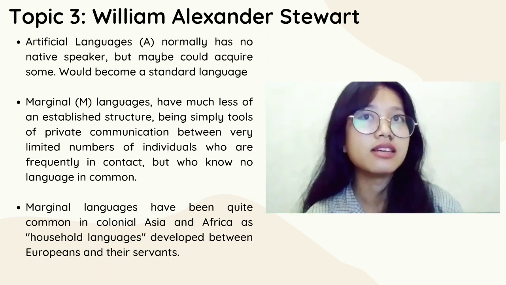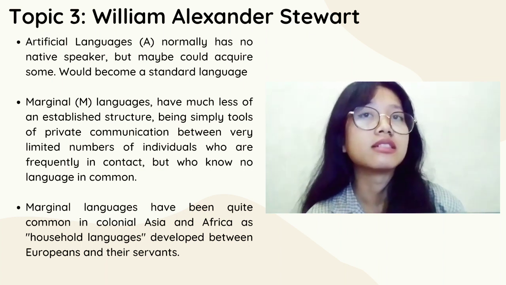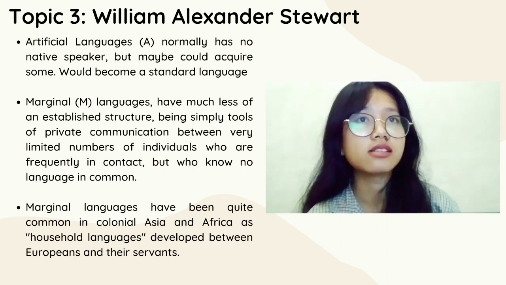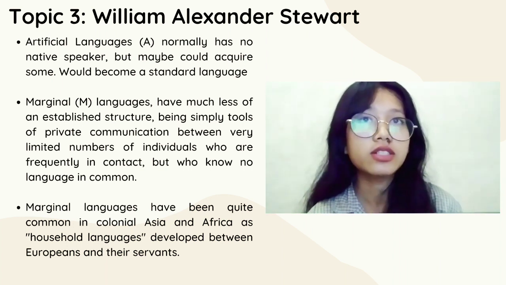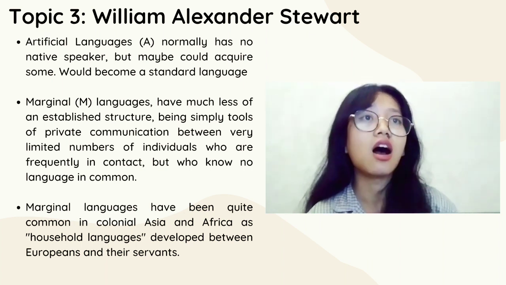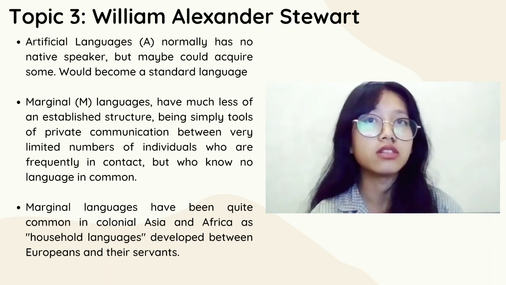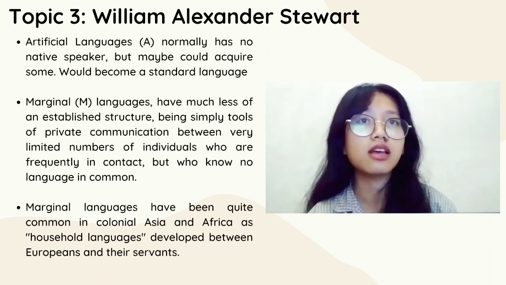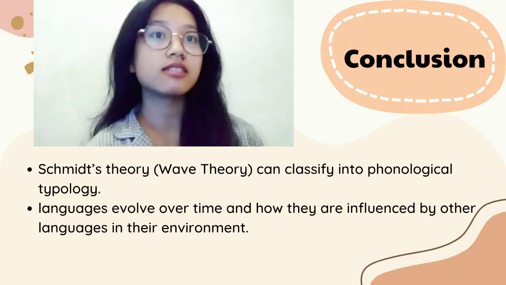And the last type is marginal, symbolized M. Marginal speech forms have much less of an established structure. Marginal languages have been quite common in colonial Asia and Africa as household languages, because these languages developed between Europeans and their servants. Okay, the last part of this paper is the conclusion.